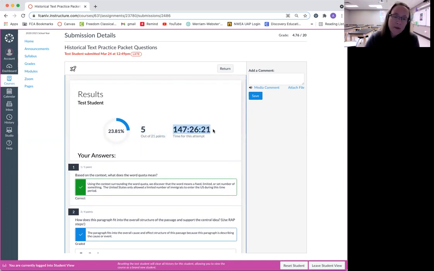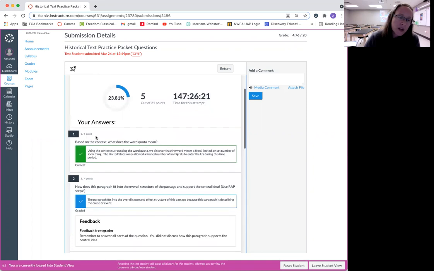And the time for the attempt was just the time from first opening up the assignment to turning it in. That's not something we really need to worry about unless it's not enough time. If a student spent 2 minutes on an assignment that should have taken them 20, then that can be a problem, right? So you can use that information either way you'd like.